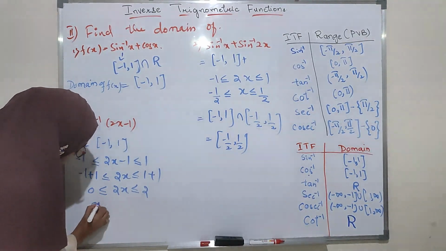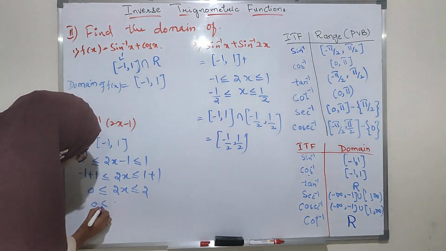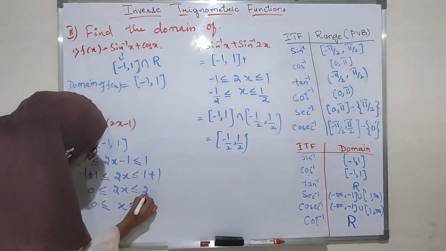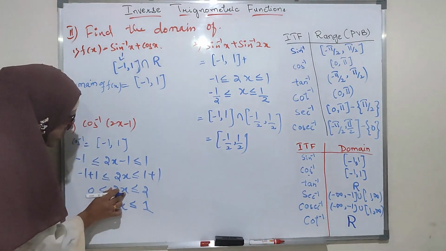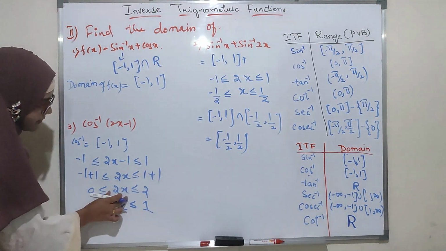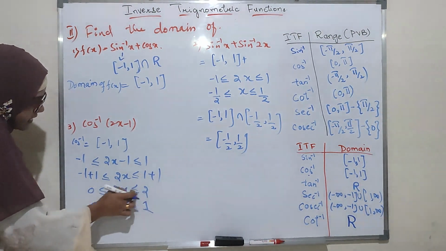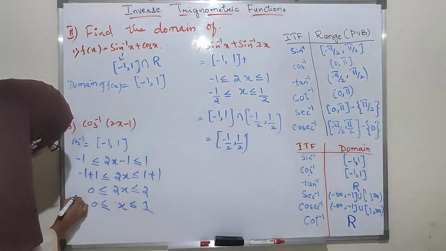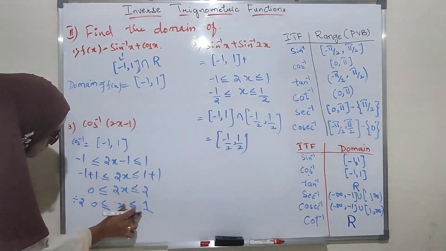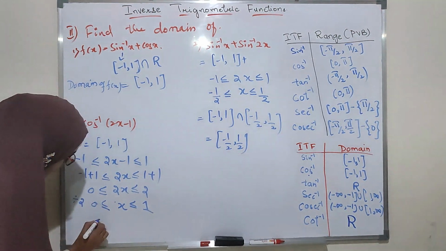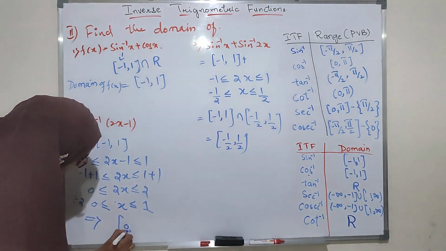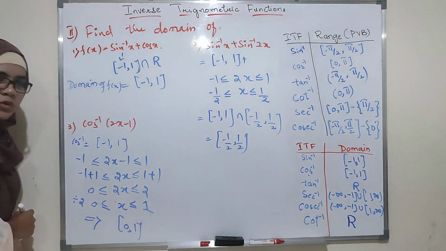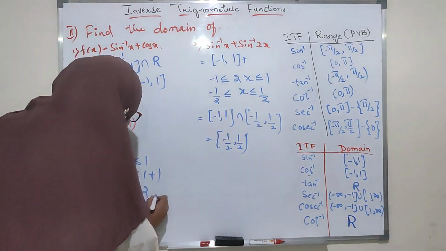So 0 by 2 is 0, less than or equal to x, less than or equal to 1. So our domain is the closed interval 0 and 1.